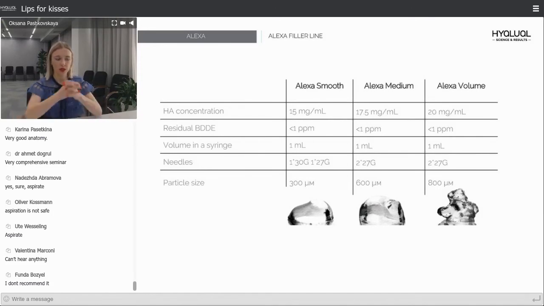Or in such cases when you injected her lips before and she wants to refresh, you could use Alexa Smooth and also just refresh her lips and get natural result. Alexa Medium is also for full lips, when full lips are aging, or you just want to reset the freshness, reset the youngness of the lips, you could use also Alexa Medium.